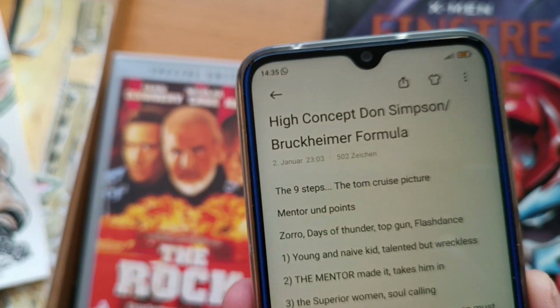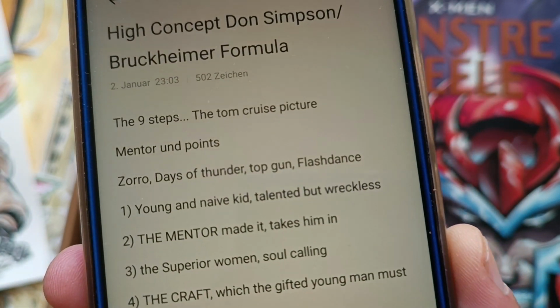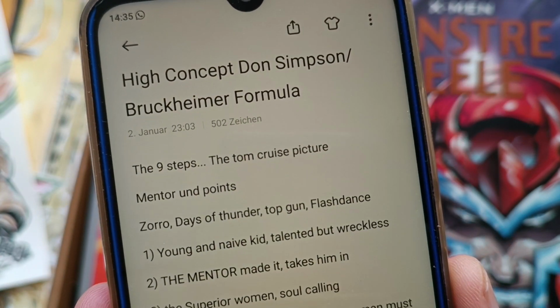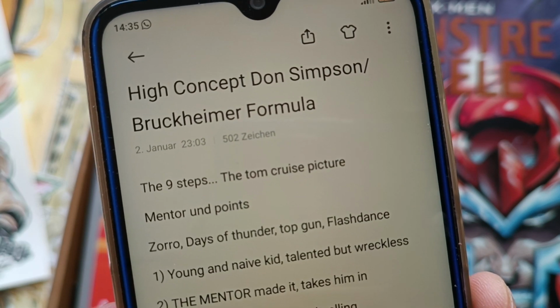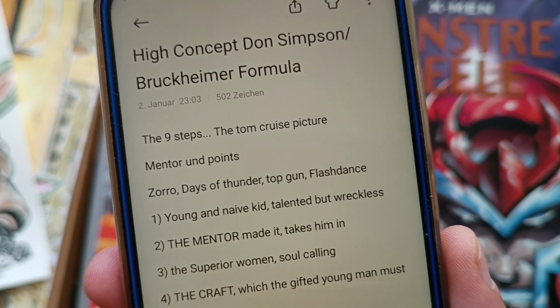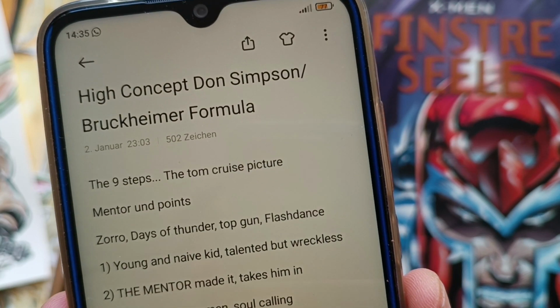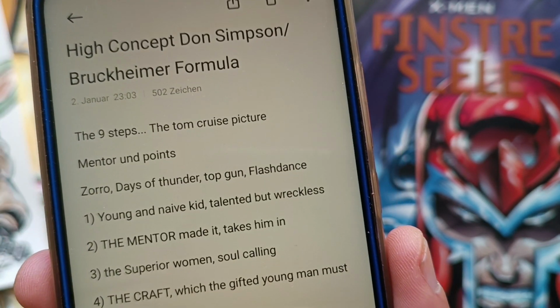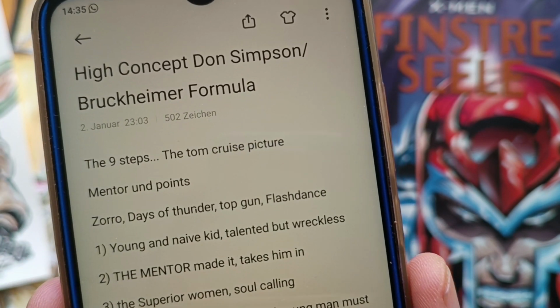Great movies came out, great comics were made. But sometimes when I try to cook or bake a cake, it's cool to have a formula, a recipe. I don't say that this is the end all be all, but bear with me.